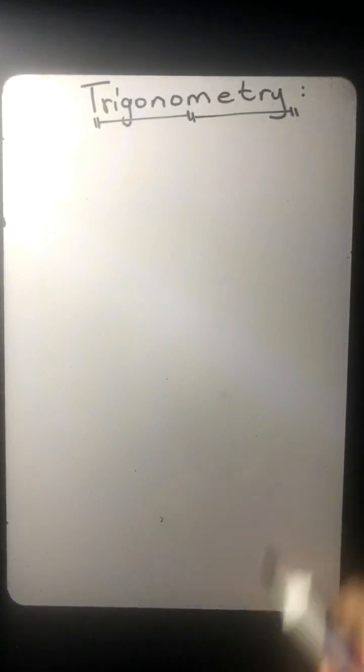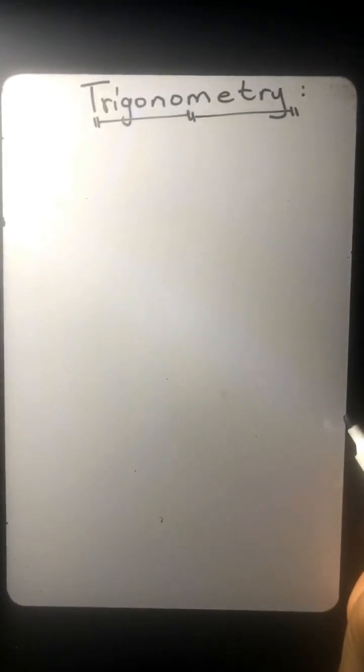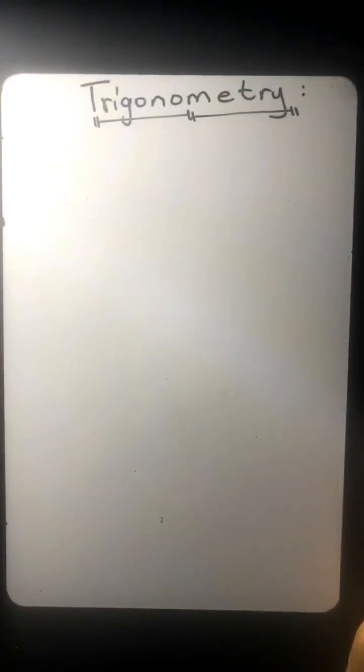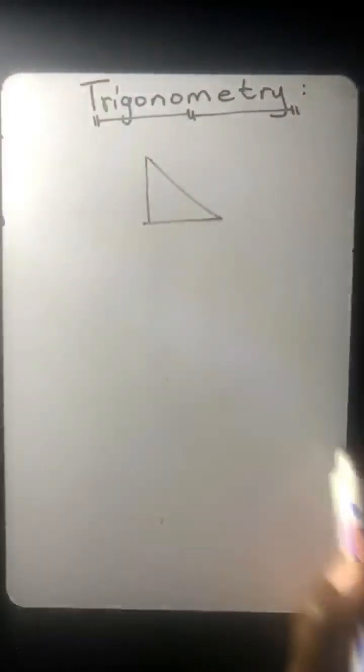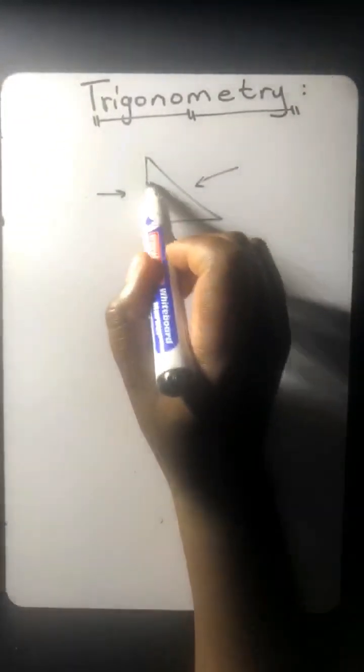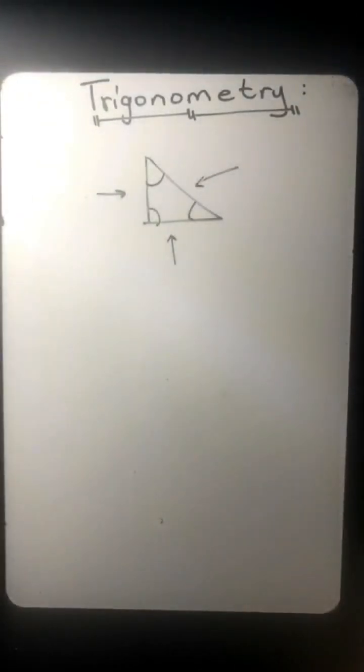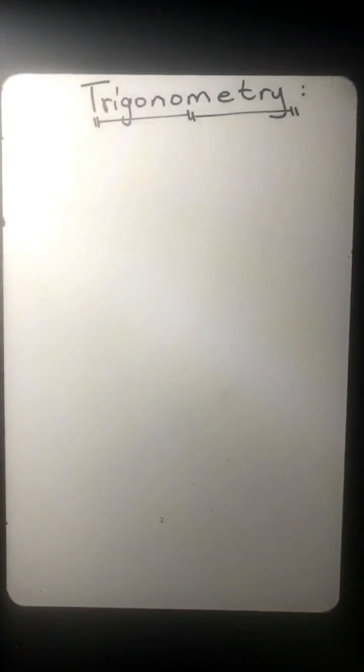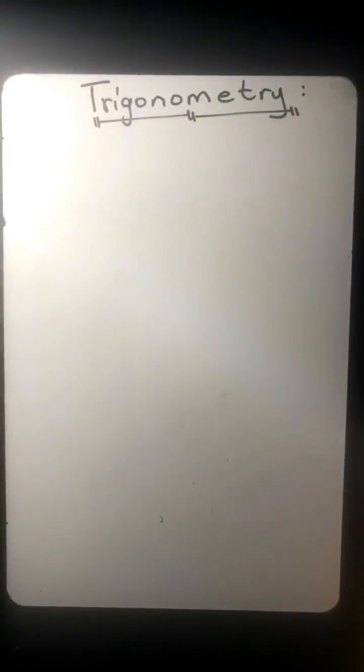From the lower grades, you realized that when we talk about trigonometry, we are simply referring to the measure of a triangle. We are only interested in the relationship between the three sides and the three angles, whereby those sides have the names opposite, adjacent, and hypotenuse.